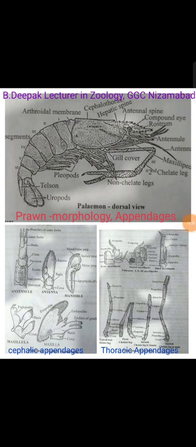These are 5 pairs of appendages of the head. Here I am writing: antennule, antennae, mandible, and maxilla, and the fifth one is also a maxilla. First the antennule, second the antennae, third the mandible, fourth the maxillae, and the next one is also maxillae.